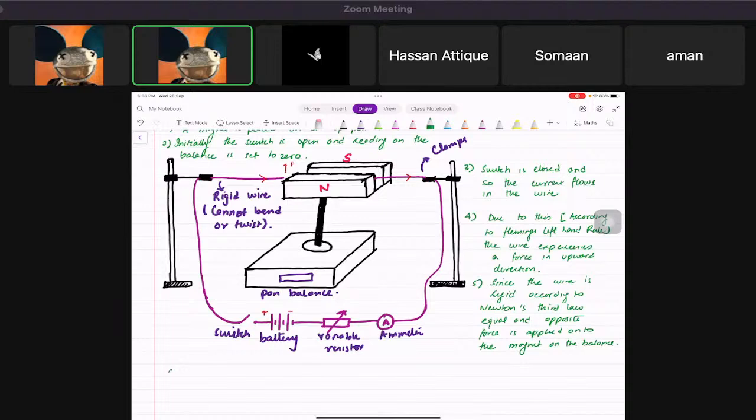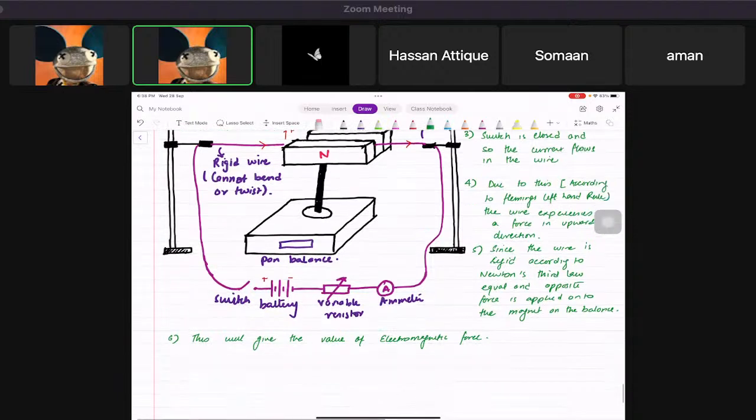So then this will give the value of the electromagnetic force. Now, if you want to read more about this, and you want to study about it, that's my suggestion. I learned this the hard way so that you don't.